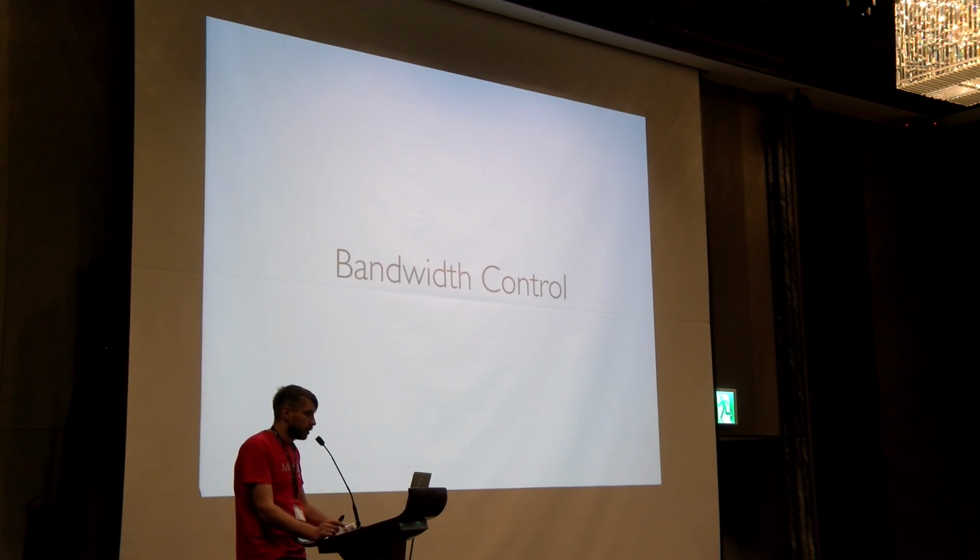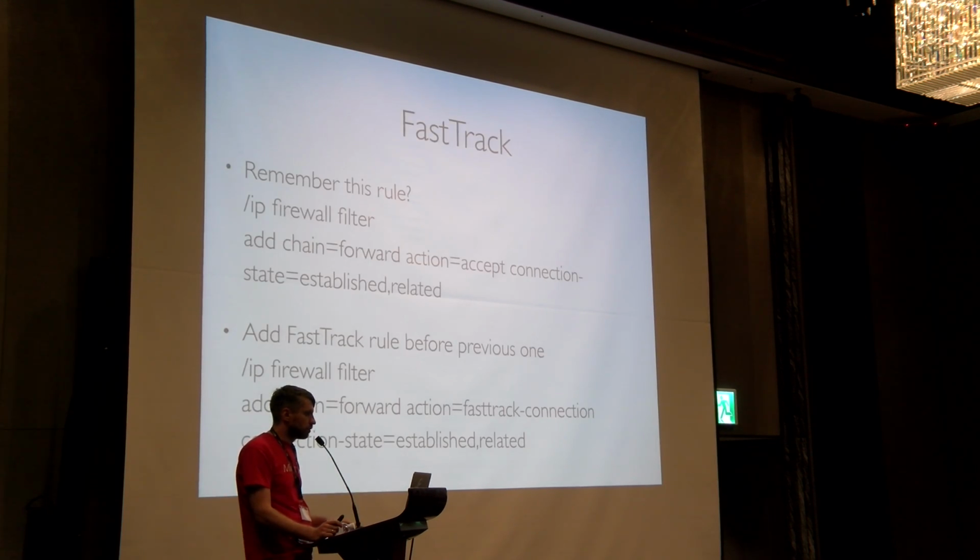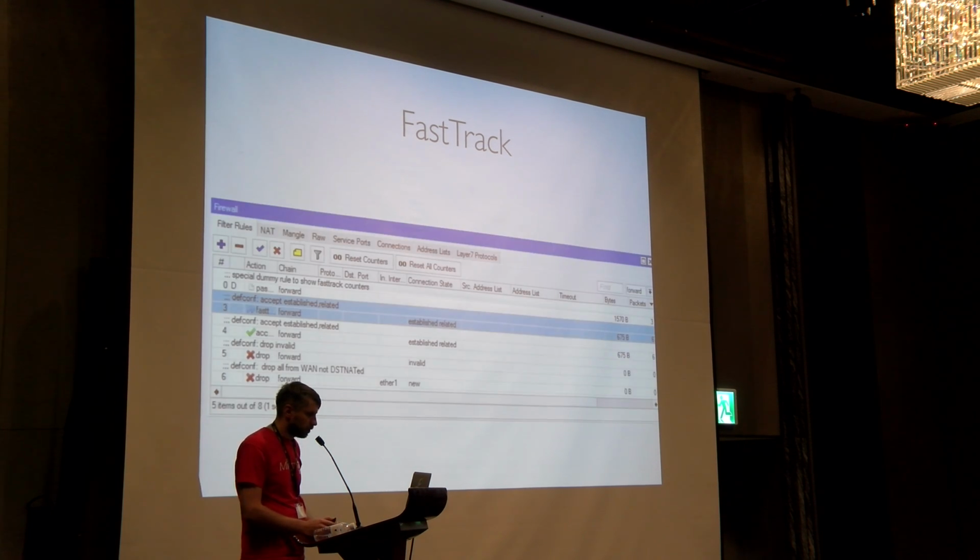The next thing is about some features of bandwidth control. The first thing about bandwidth control is fast track. What is fast track? Fast track is also a feature that's available in the default configuration. And here is how fast track looks. Fast track allows you to get much higher bandwidth even on small devices, because when a packet goes in a regular way through all the traffic flow steps, it takes some part of the kernel that is used for RAM and CPU and so on.